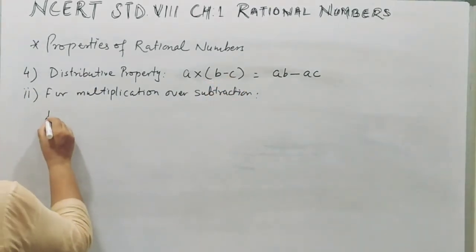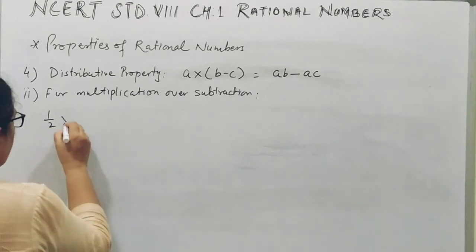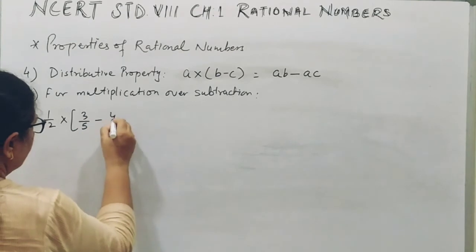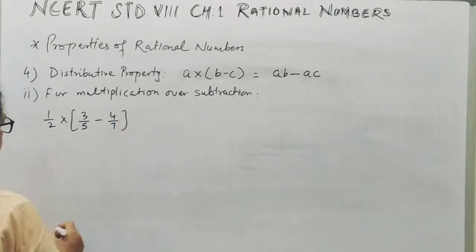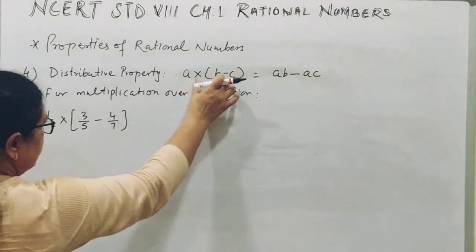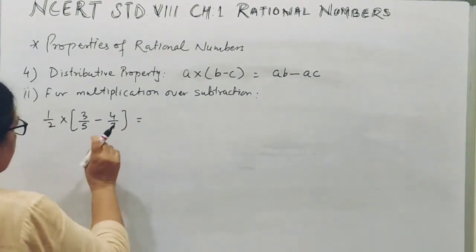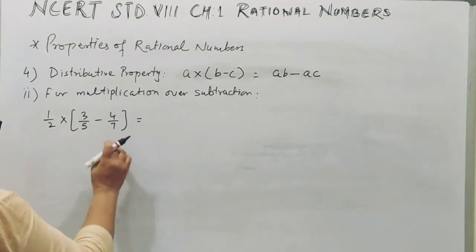Again we will take 3 rational numbers, say 1 upon 2 into 3 upon 5 minus 4 upon 7. We will simplify left hand side first, that is a into b minus c.